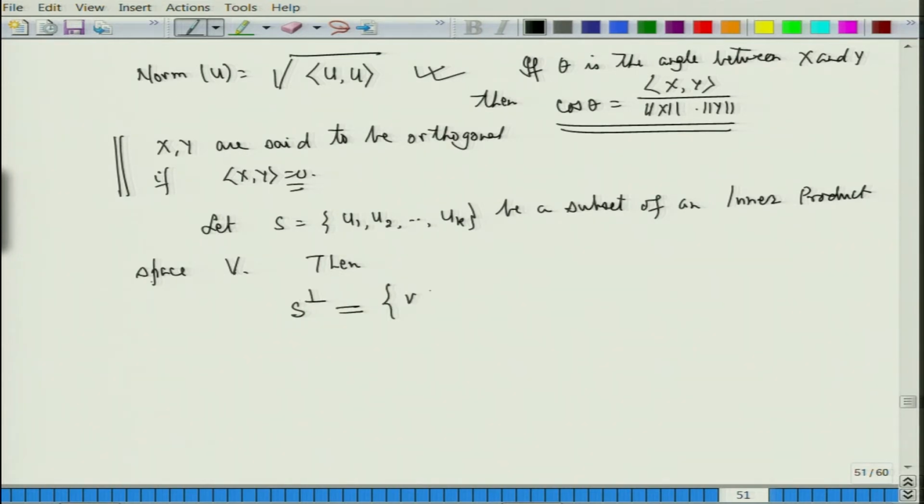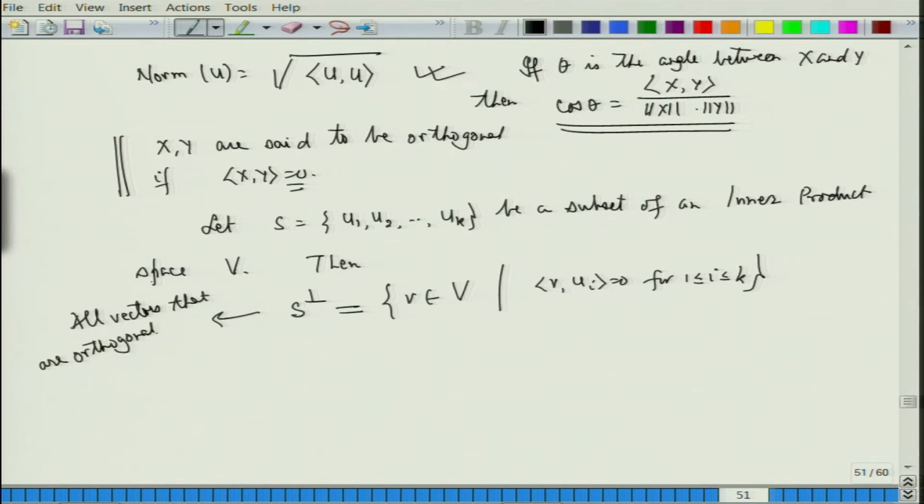S-perp was all v belonging to V such that the inner product of v with ui is 0 for 1 less than or equal to i less than or equal to k. So we are looking at all vectors that are orthogonal to elements of S. And what we saw was that this is a subspace. Fine, this is a subspace.